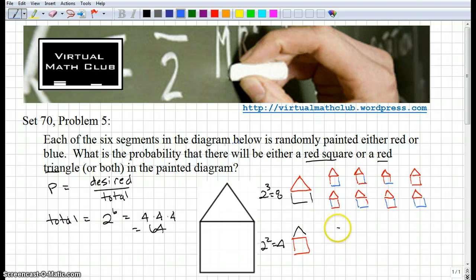Okay, so now let's look at the red square. Now we said we would expect to have 4 cases here. So let's draw them. So okay, let's draw 2 of them with a red left side.